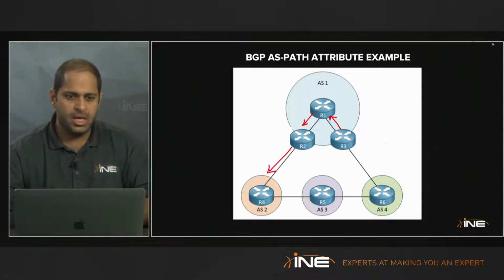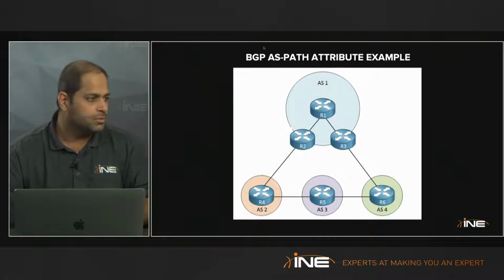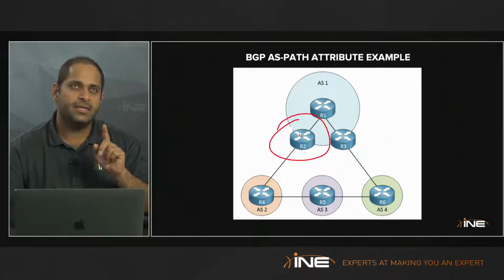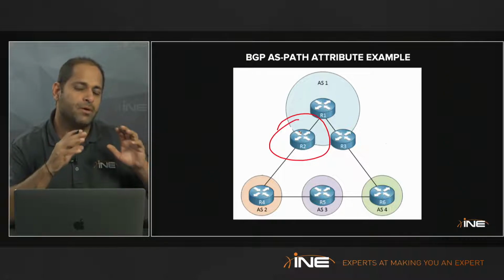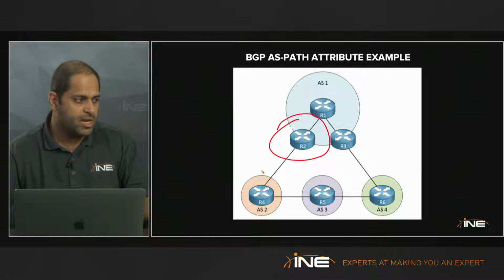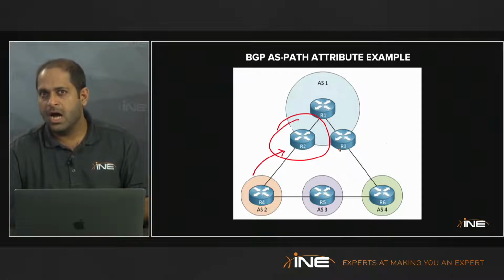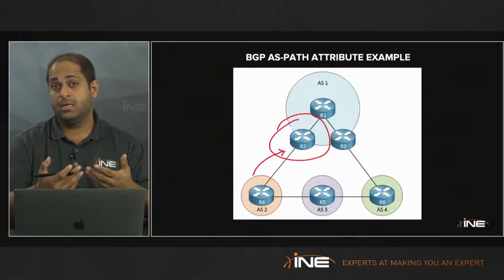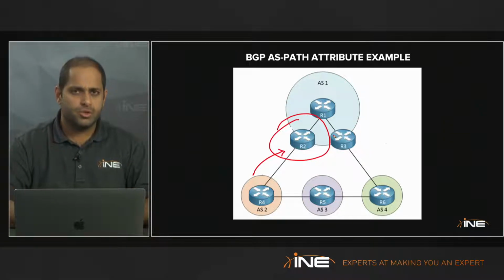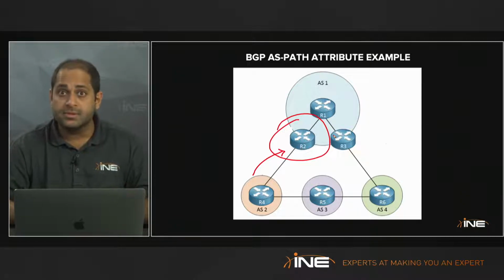What I could do is go back to R2. If you remember, in BGP, route maps are always applied in direction of control plane. So what I'm going to do is, when R4 gives the update to R2, I would prepend the same AS multiple times so that it becomes at least 4 hops.